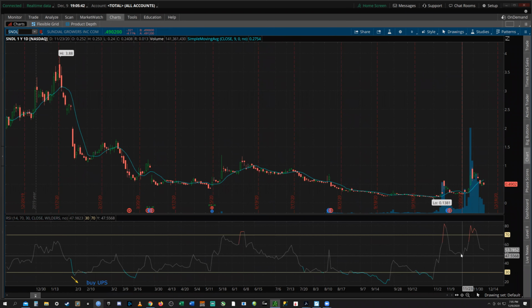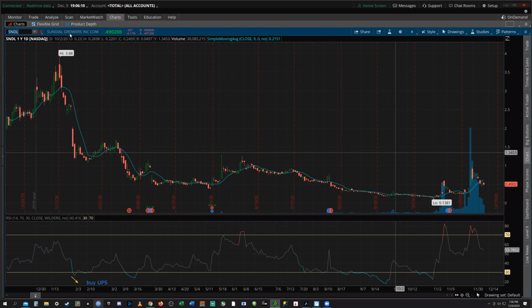I'm just looking, hey, it went down, and then now it's going upwards. But then again, this is where technical analysis, you have to also look at the bigger picture. Look at this volume right here. And again, this volume doesn't mean 2. This is another number. But for Sundial, now I'm assuming this is a marijuana stock?